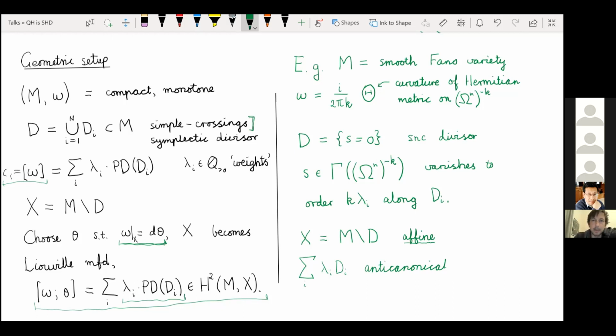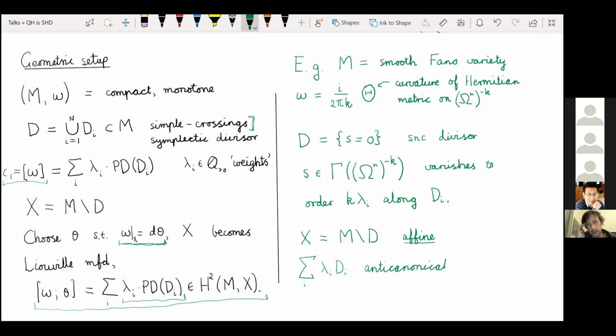So we can take M to be a smooth Fano variety, omega to be the curvature of the anti-canonical bundle, D to be a simple normal crossings divisor, which is the vanishing locus of some section of a power of the anti-canonical bundle, which vanishes to order proportional to lambda i along component Di of the divisor.